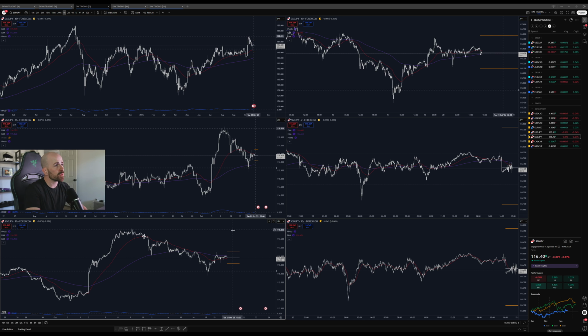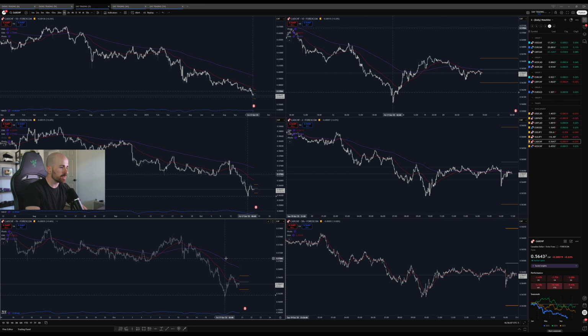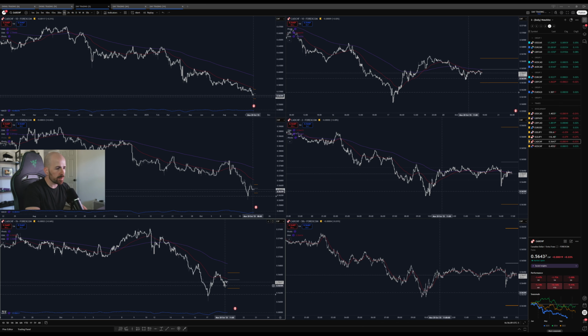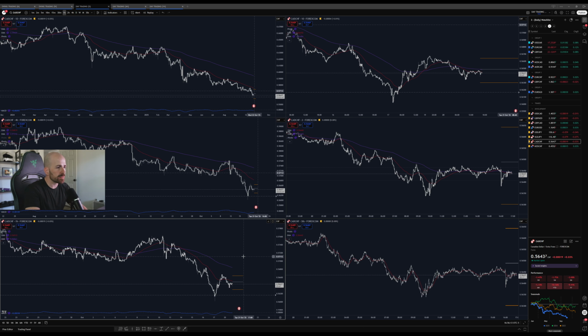before it fully reverses. And then CAD Swiss, similar to Euro Swiss, Pound Swiss. It's just this price action isn't hitting a level multiple times like Euro Swiss, Pound Swiss. It's just a falling wedge right now and still free falling. There's a potential this is becoming a lower high and a reversal, but I don't think it's enough yet.